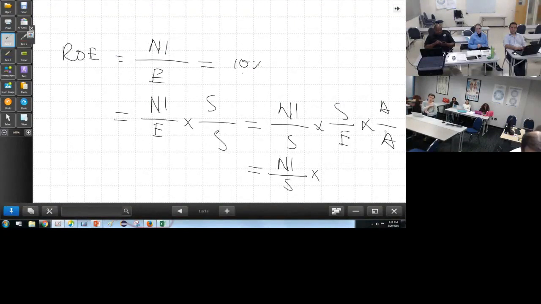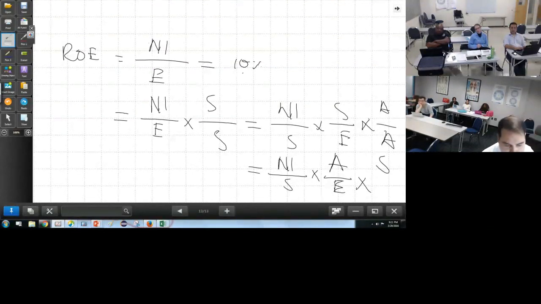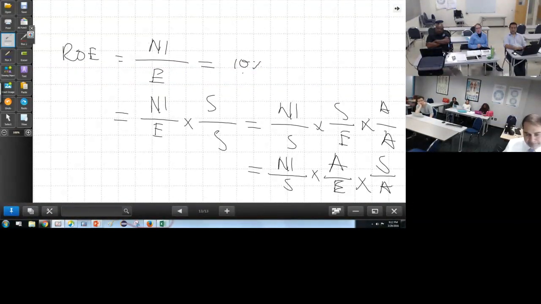We can take assets divided by equity, and if you remember, assets divided by equity is the equity multiplier. And then sales divided by assets. Sales divided by assets is the asset turnover ratio.